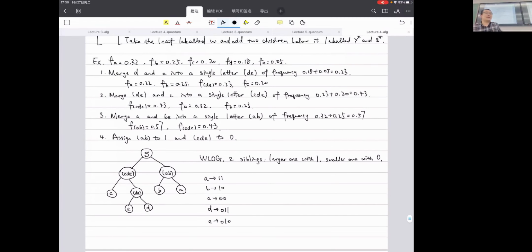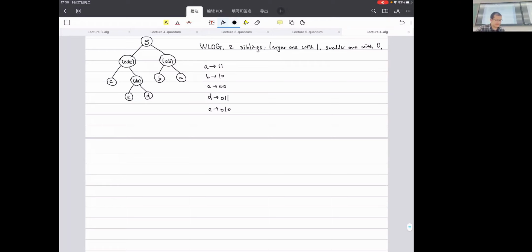Okay, so how about this example? Is this example of Huffman's algorithm clear to you? Okay. So let's analyze Huffman's algorithm.